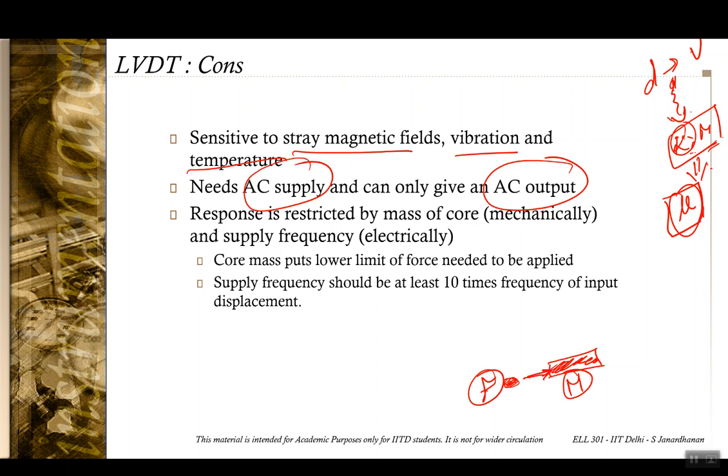And when you want to measure displacement, you have to assume that the displacement is going to change, so there is a maximum frequency at which the input displacement can change. For effectively catching the variation of the displacement, since we are not measuring the actual sinusoidal waveform but only the magnitude of the sinusoidal waveform, enough cycles of this waveform should have passed when each displacement change happens.